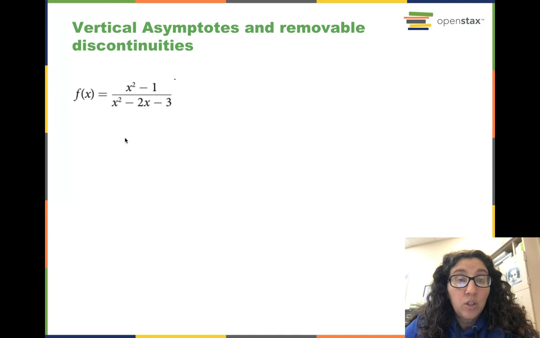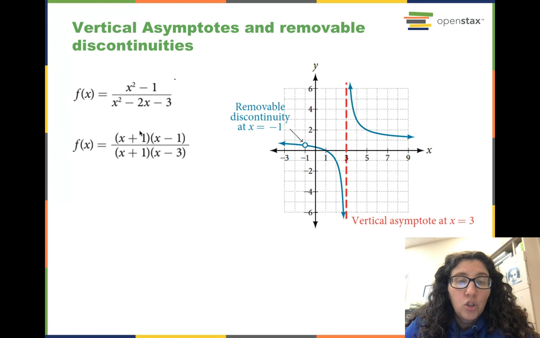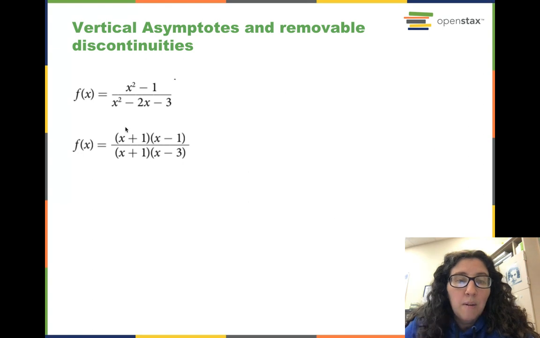Okay, first thing we do is factor numerator and denominator. Got a difference of squares, we got a quadratic we can factor. All right, and now we look and say, aha, x plus 1, I can simplify that, right? That's a factor of both the numerator and denominator. So I simplify that. Here, there's going to be a removable discontinuity at -1.